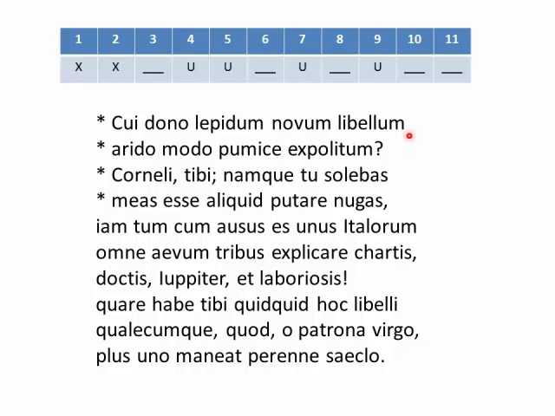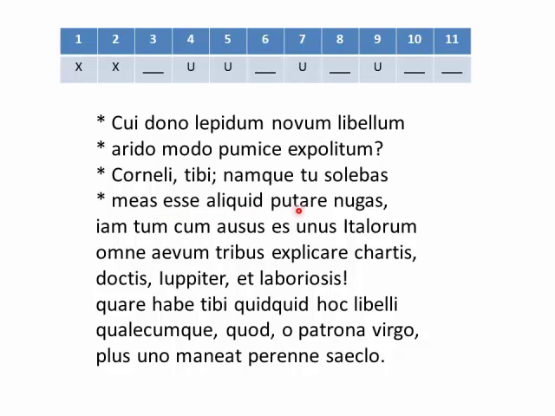Quido no lepidum novum libellum arido modo pume expolitum. Corneli tibi namque tu solebas meas es aliquid putare nugas. You see, one thing neat about the enjambment is in this line here, you can hear that the bas and the as form a kind of internal rhyme scheme.